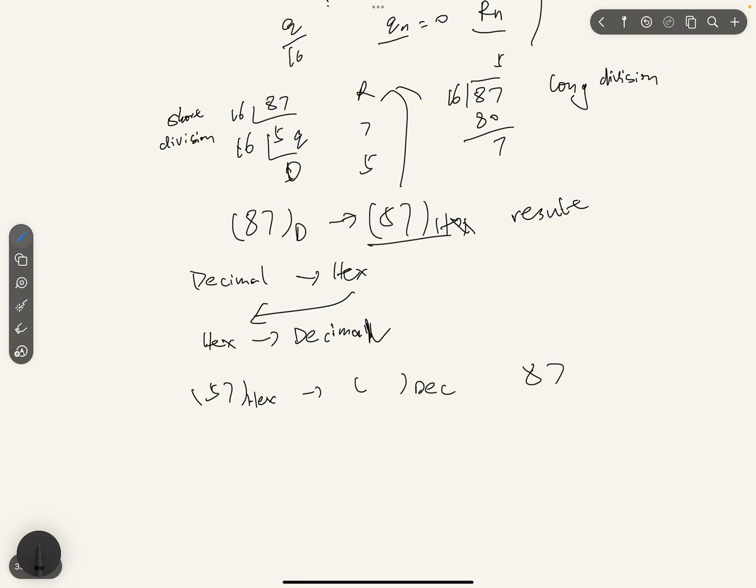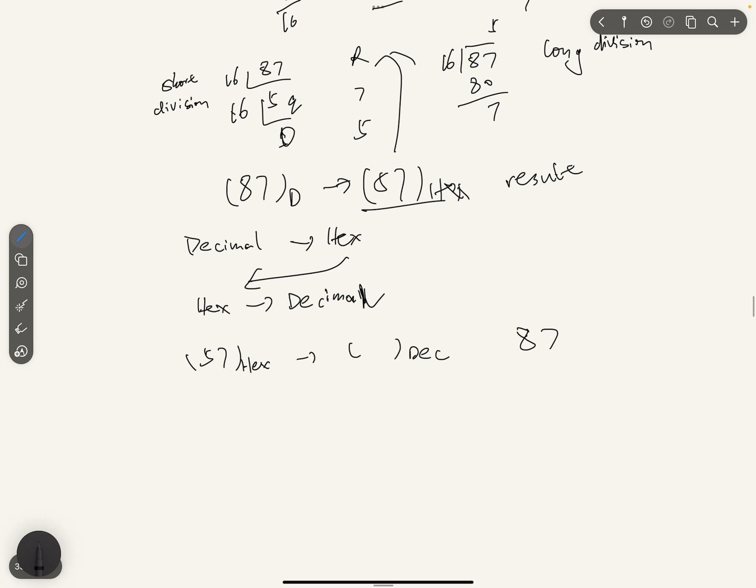It should be 87. Now how can we do it? For the hexadecimal, each digit has a weight of a power of 16. For the first one, 16 to the 0, and this one has 16 to the 1.